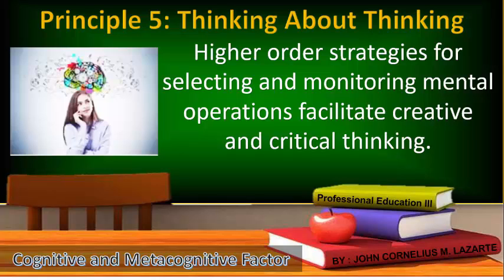As a student, they must have the ability to monitor their own learning and assess their strategies of learning, whether it is effective or not. If it is not effective, then think of another strategy to be applied in order to boost your own learning, right? Okay, that is the fifth principle of thinking about thinking, or metacognition.